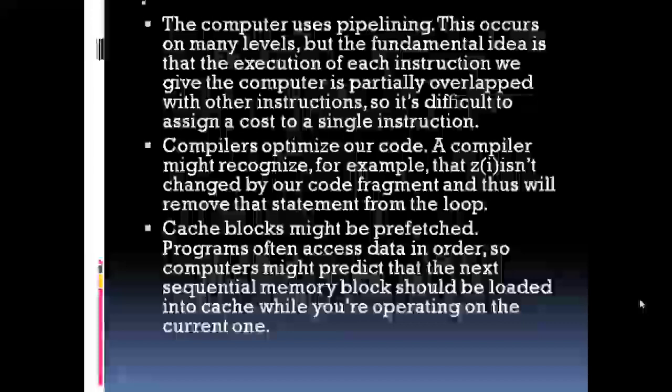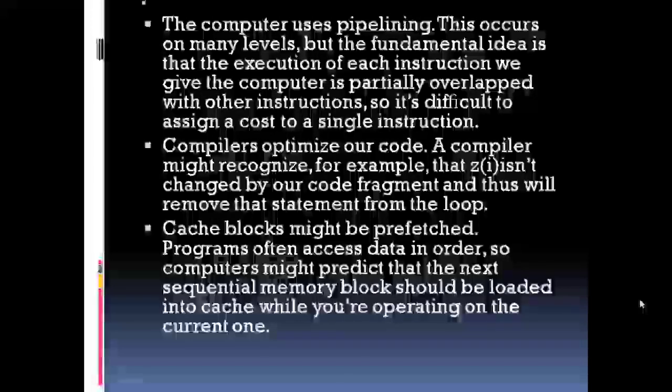The computer uses pipelining, which occurs on many levels, but the fundamental idea is that the execution of many instructions we give the computer is partially overlapped with other instructions, so it's difficult to assign a cost to a single instruction. Compilers optimize our code. A compiler might recognize, for example, that a value isn't changed by our code fragment and thus will remove the statement from the loop.